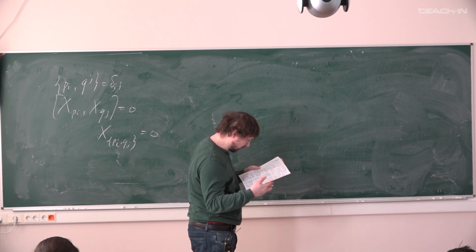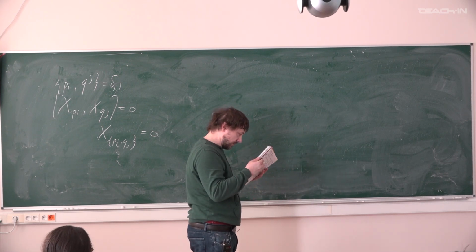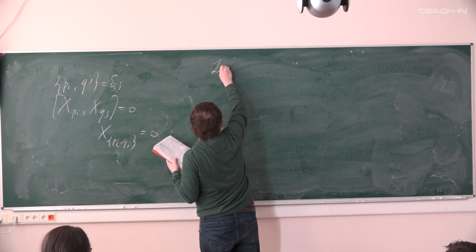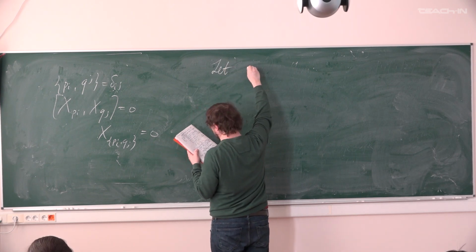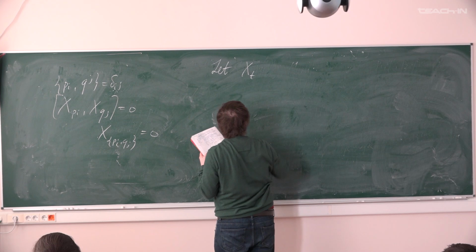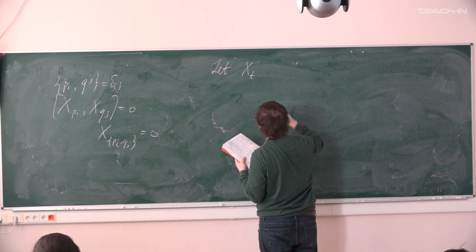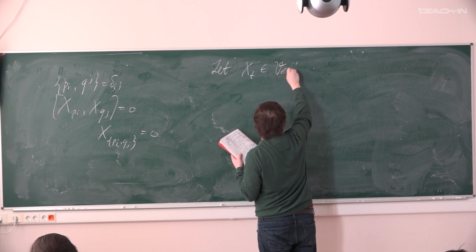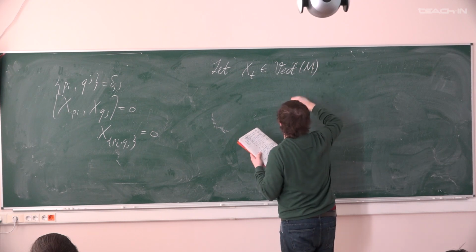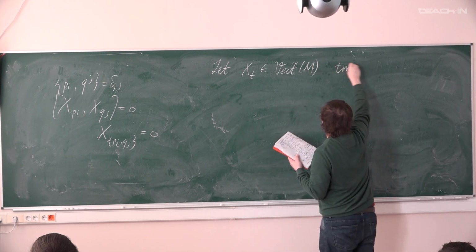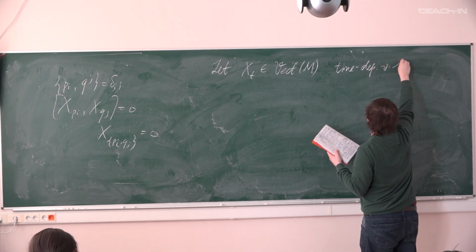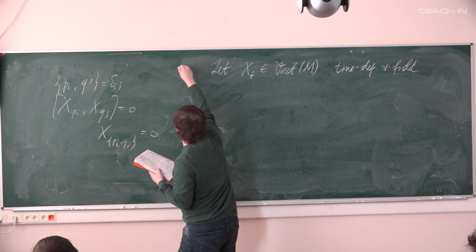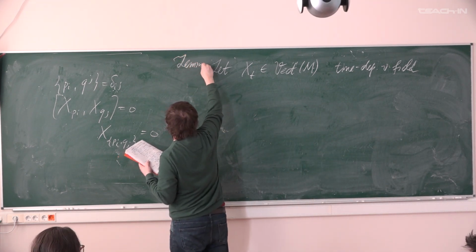So here is the Moser trick. Let X_t be a time-dependent vector field on some manifold Q, or an M, doesn't matter. So this is the lemma, which I leave without proof.